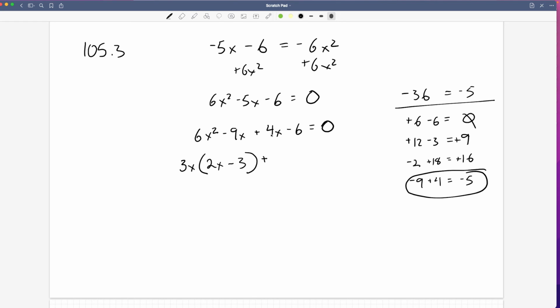So I can pull out a 2. So let's pull out 2. So that leaves a 2x and a negative 3 equals 0. So that means 3x plus 2 times 2x minus 3 equals 0. So one of these is equal to 0.